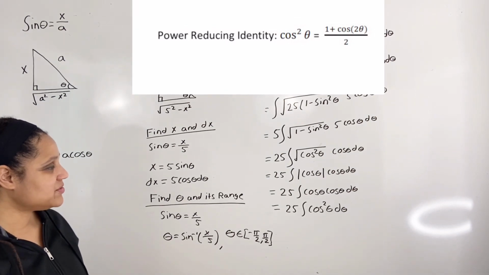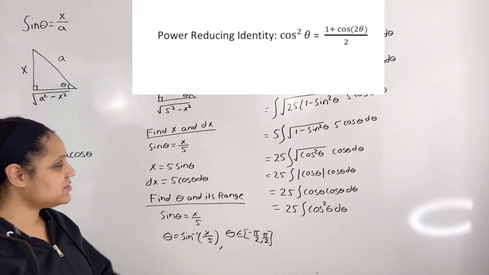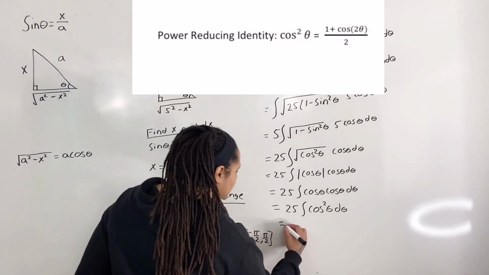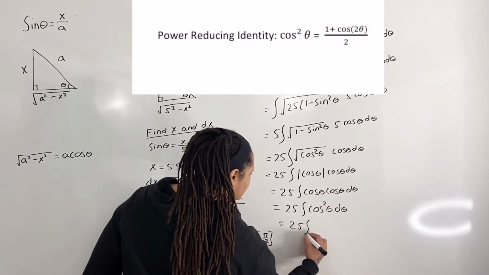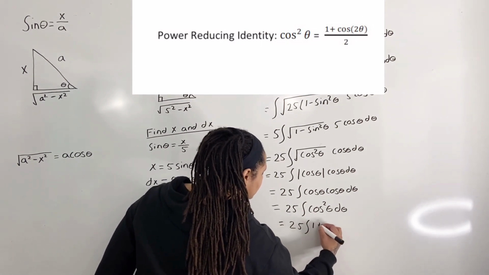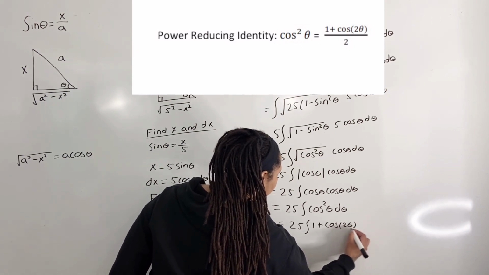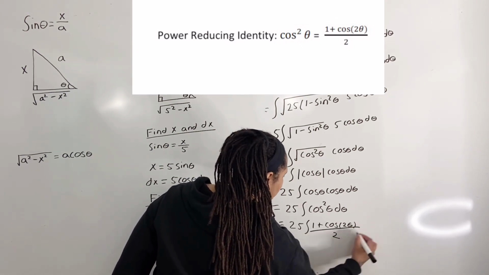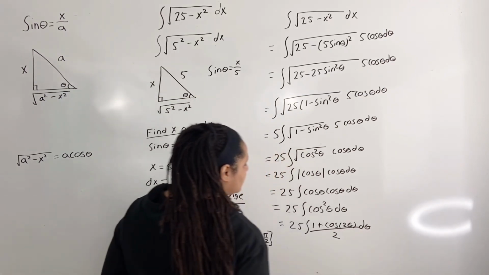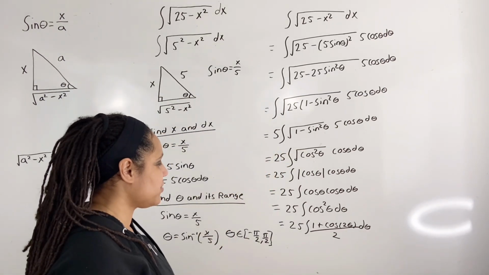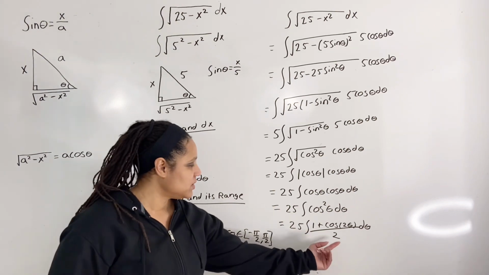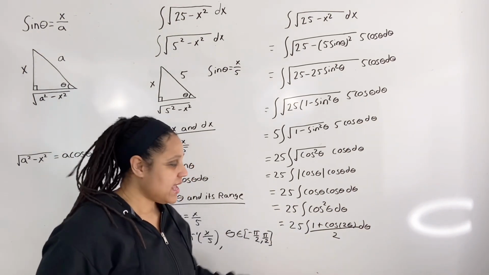The power reducing identity is as follows. We can rewrite this as 25 times the integral of (1 plus cosine of 2 theta) all divided by 2 d theta. Okay, so finishing over here, I'm going to pull out 1/2.